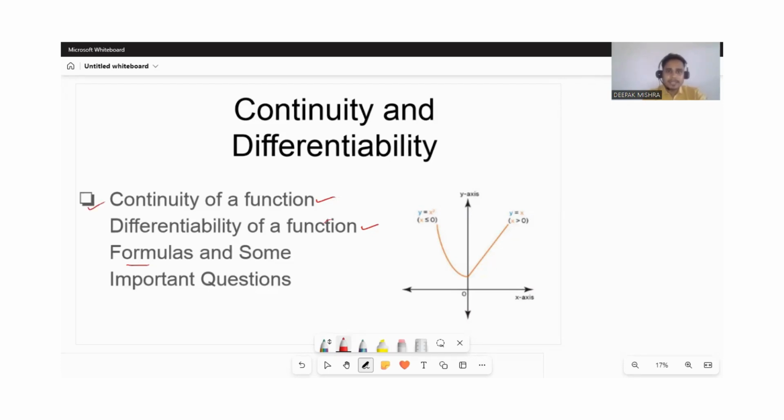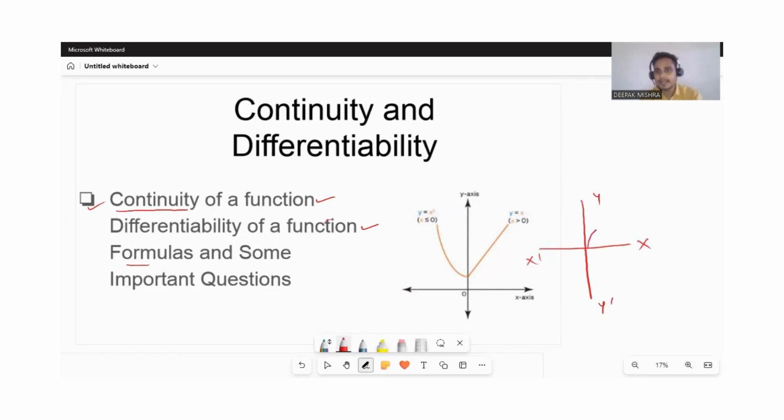Before starting continuity of a function, we have to understand the word continuity. I think we all know what continuity is. If something is continuous, then we can say that it is in the form of continuity. Now, suppose we have a graph like this. Here is the x-axis and here is the y-axis.